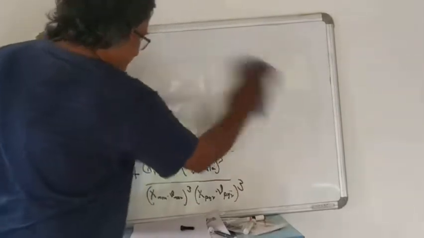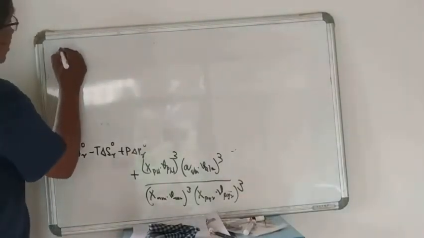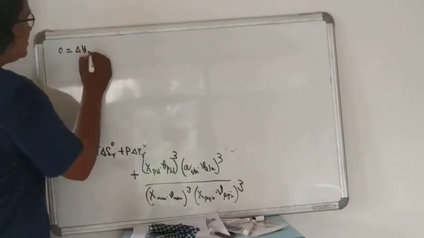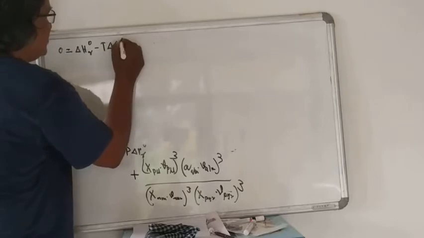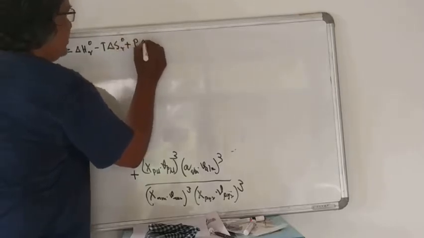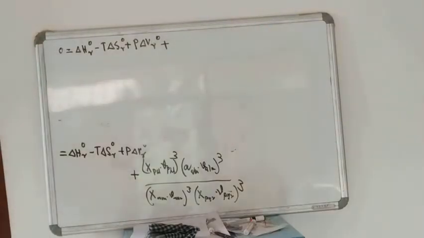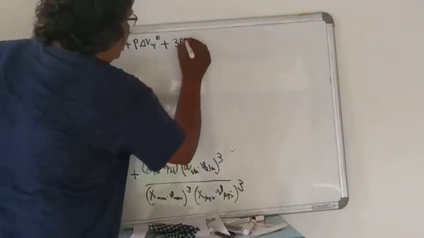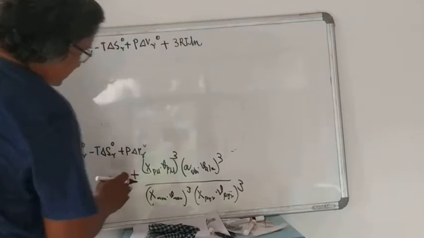So now we have 0 is equal to del H R 0 minus T del S R 0 plus P into del V R 0 plus 3 RT ln. Oh, sorry, I have forgotten.